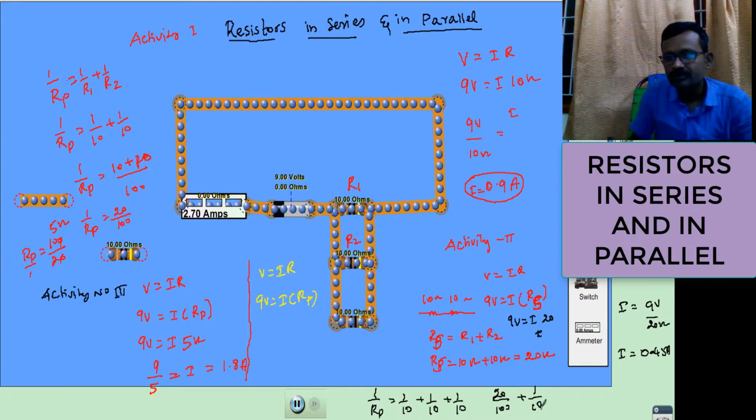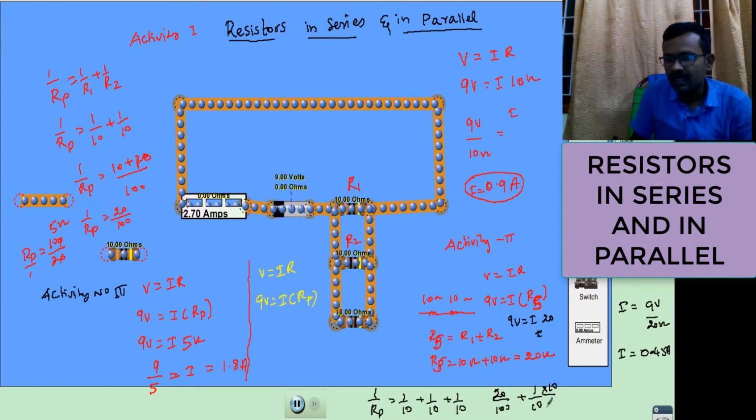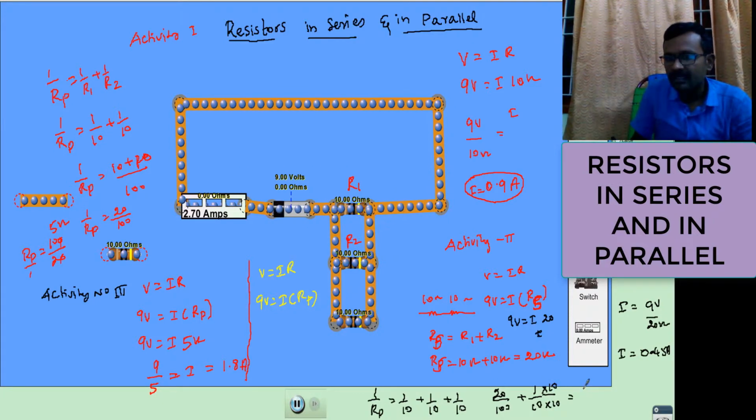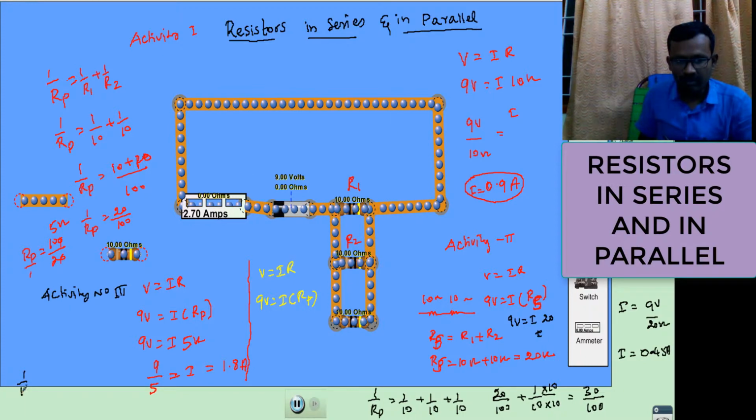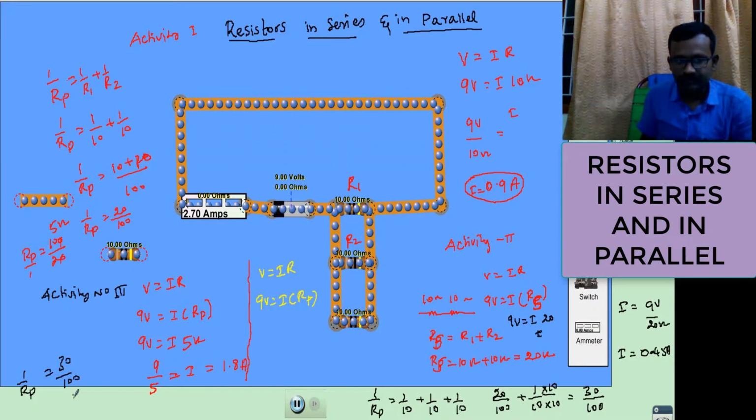This is multiplied by 10, here also 10. We get 30 by 100. 1 by RP equal to 30 by 100.